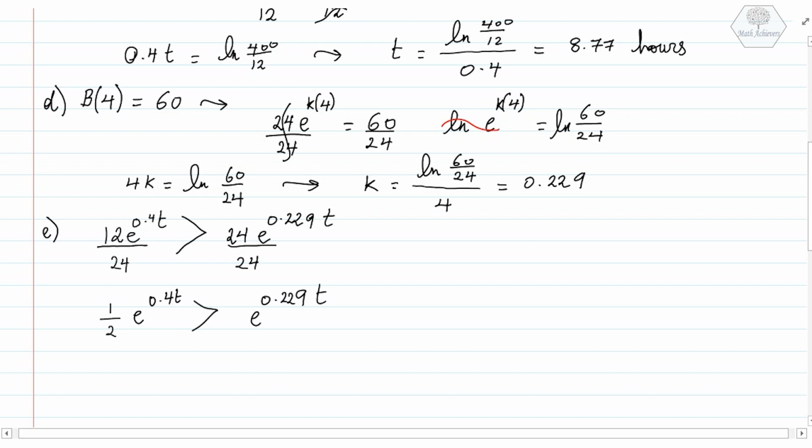I want to find with this function the time when this function is greater than this function.